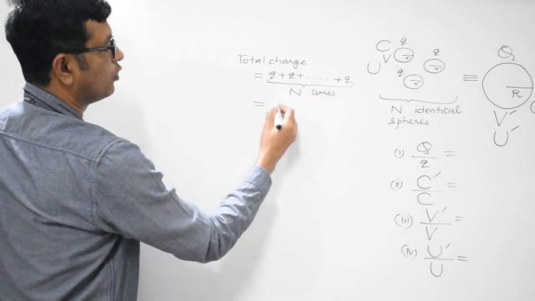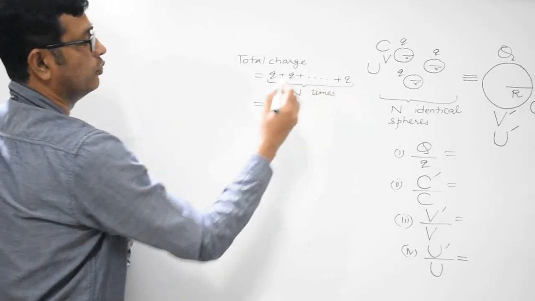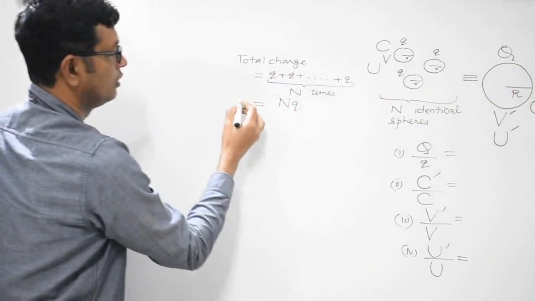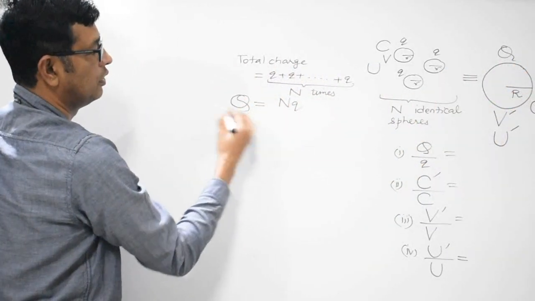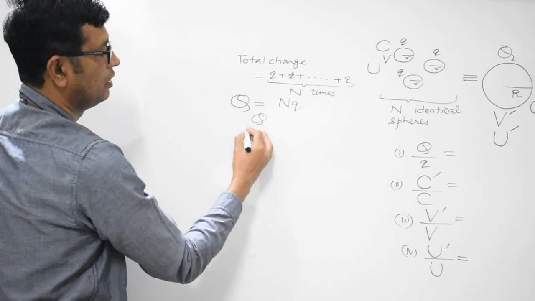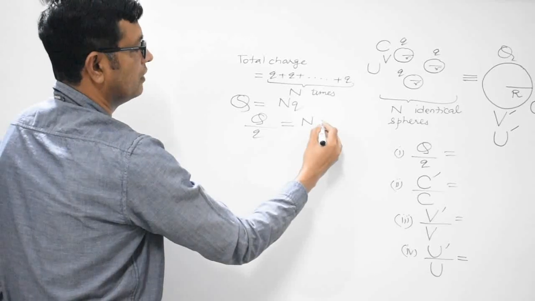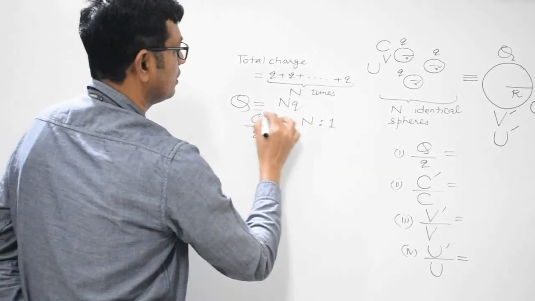So total charge would be n into q, right? So what will be the ratio? Q by small q would be equal to n is to 1. This is the first answer.